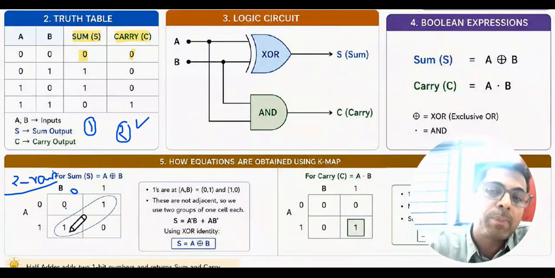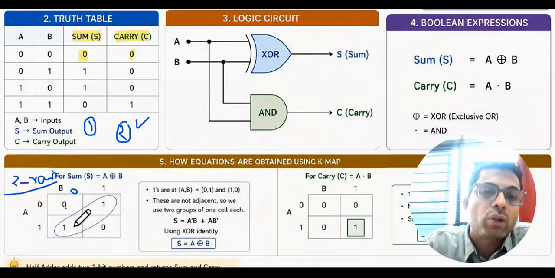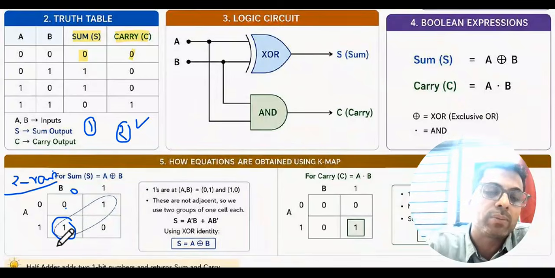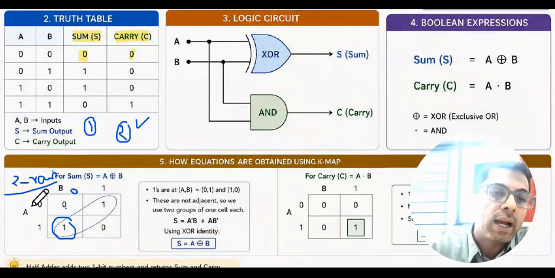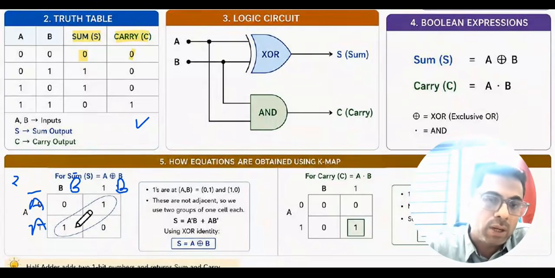Okay, so what do we group, pair, octet and quad, in the sum of product form equation? We take the 1s, but here quad is not happening, pair is not happening, and octet is out of the question. So this can be considered as a singular term, or the cross connection, you can say. If you consider this singular term, what is the equation for this? Here comes A, and here comes B bar, this is A and B bar.